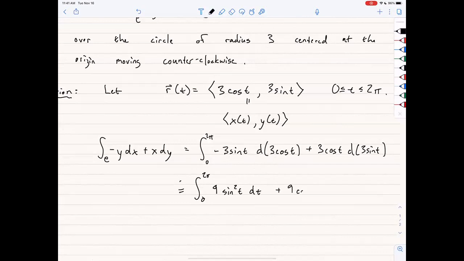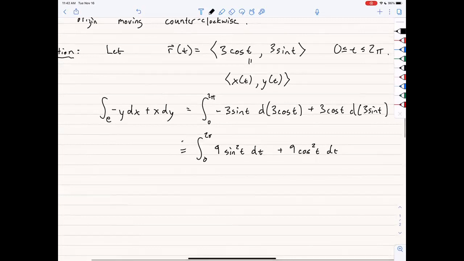So I'll get 9 cosine squared t dt. And then I've got 9 sine squared plus 9 cosine squared, that's 9. So I just get the integral from 0 to 2 pi of 9 dt, which is just going to be 18 pi. Okay.